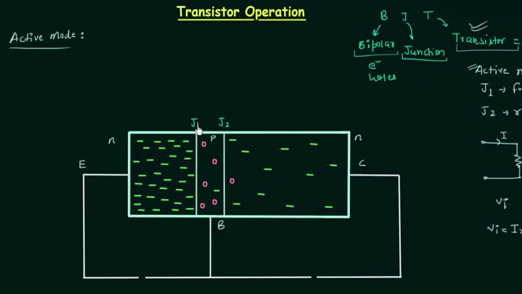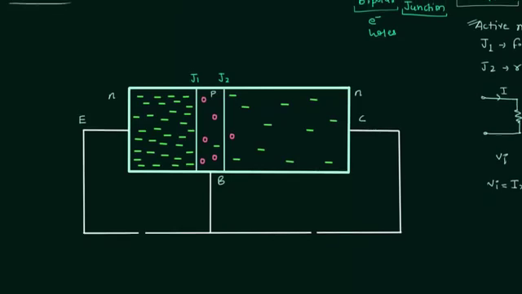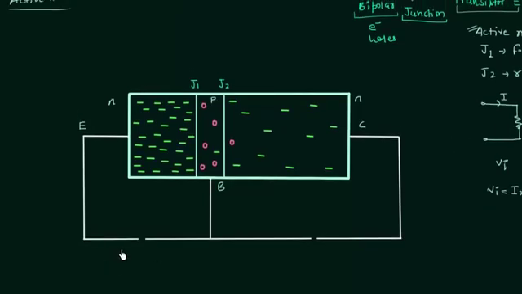So to forward bias junction J1, we need to apply a forward bias potential. N is connected to the negative terminal and P is connected to the positive terminal. So the emitter is connected to the negative terminal and the base is connected to the positive terminal.